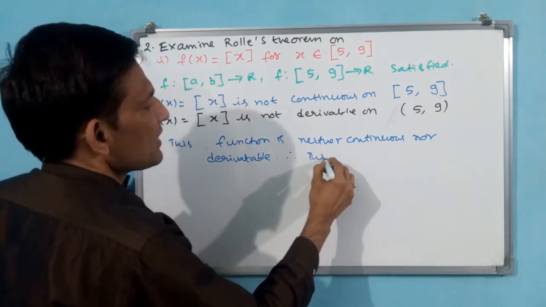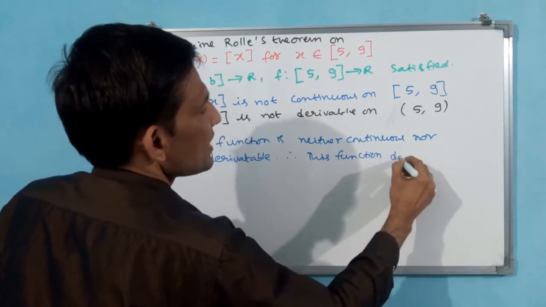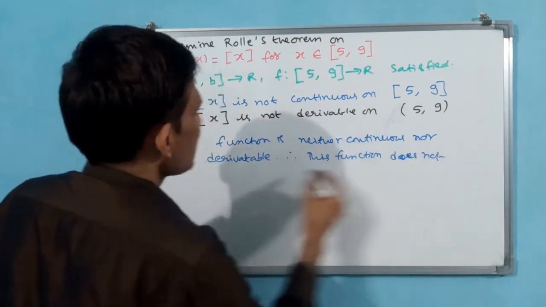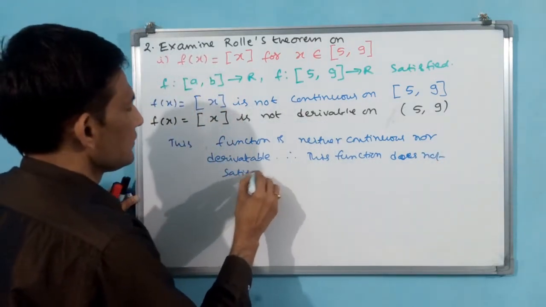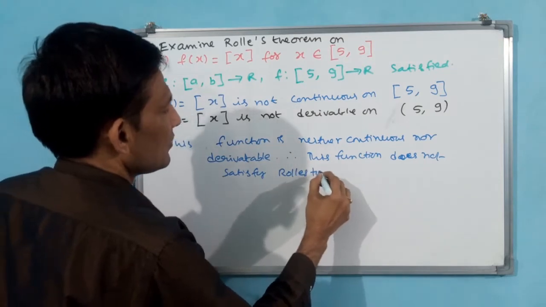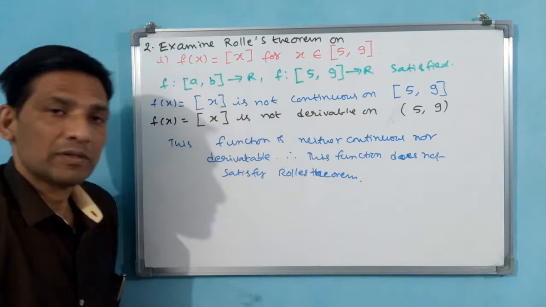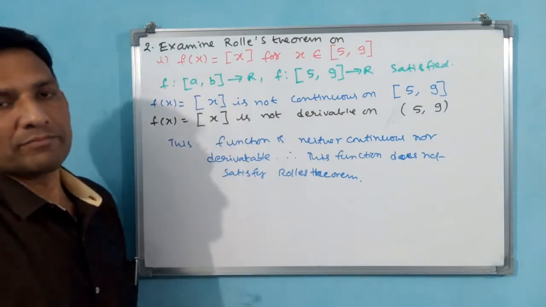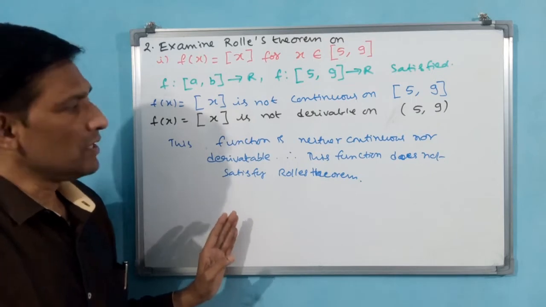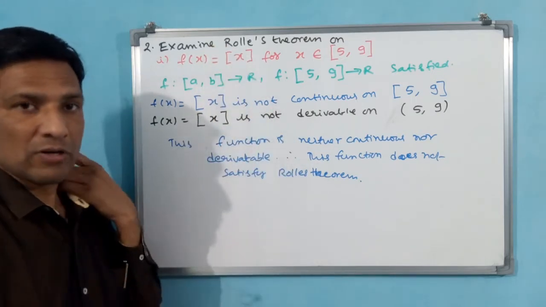Therefore, this function does not satisfy Rolle's theorem. This function is neither continuous nor derivable. Therefore, this function is not following Rolle's theorem. Like that you can write and close. Okay.